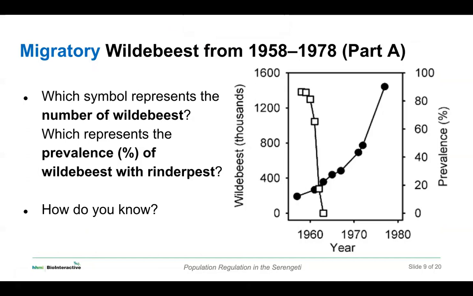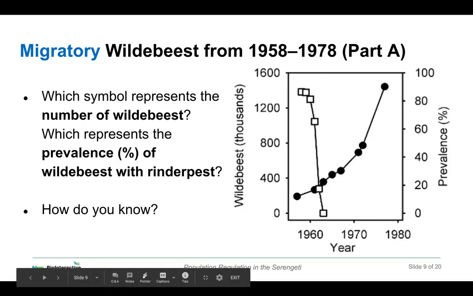Which population? And what does the white box represent? And then how do you know that? Okay. So that's question 3. So I'm going to give you a moment to try to answer question 3.